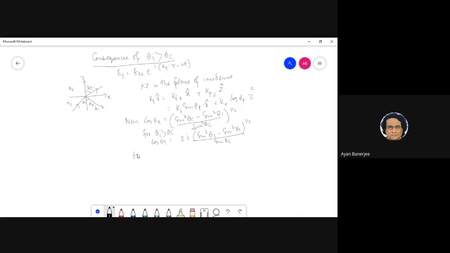So basically what I will have is your Et is now some E0t e to the I kt, ni by nt sine theta I x hat plus minus, the time part we don't care about, sine square theta I minus sine square theta c, half, by sine theta c, z hat.